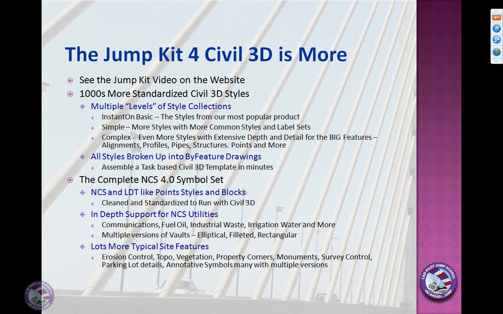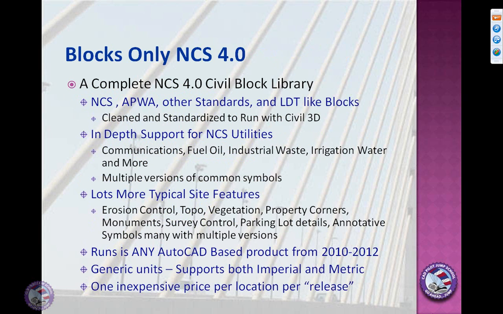And annotative symbols, multiple versions of, hey, I want my property corners to look like this, this, this, or this. It's all in there, and you can see it and download it. It's inexpensive. It's done on a site license basis for the simple set and for the jump kit. And so you can manufacture what you need.